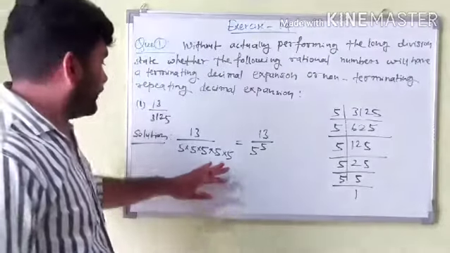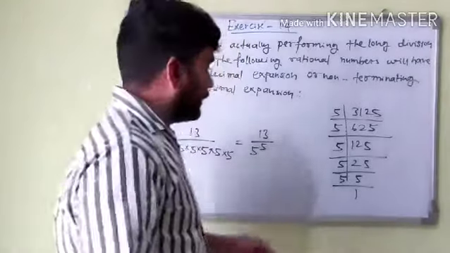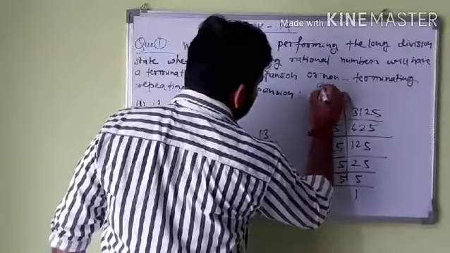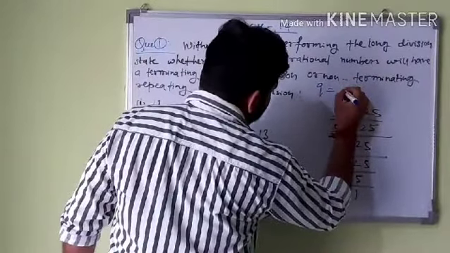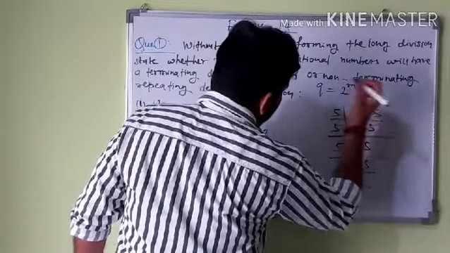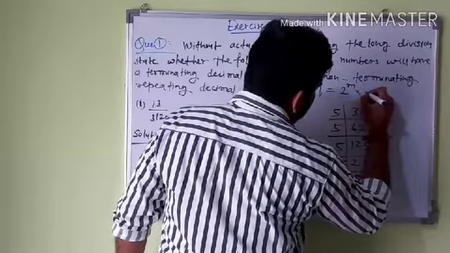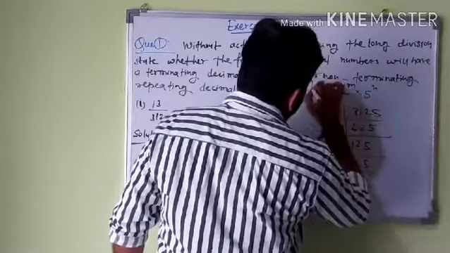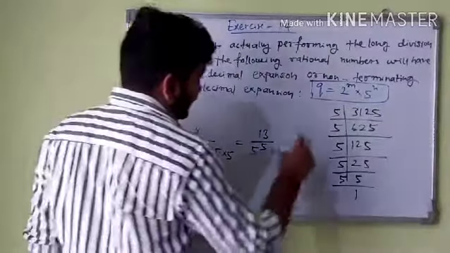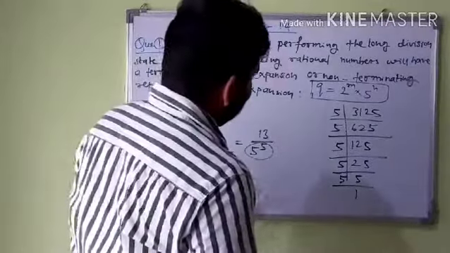We can already say that if q is in the form of 2 to the power m multiplied by 5 to the power n, and here there is only 5, that means we can say that it is a terminating decimal expansion.